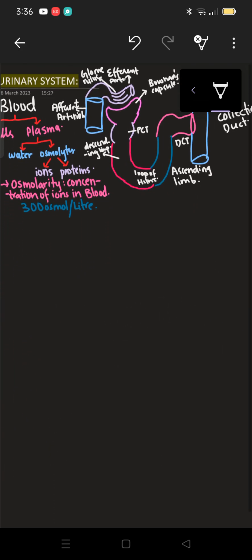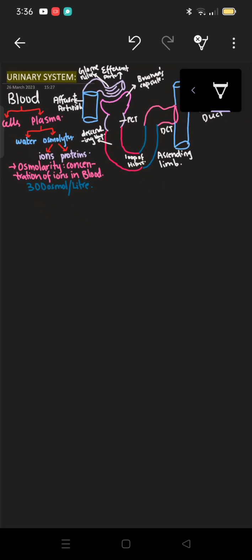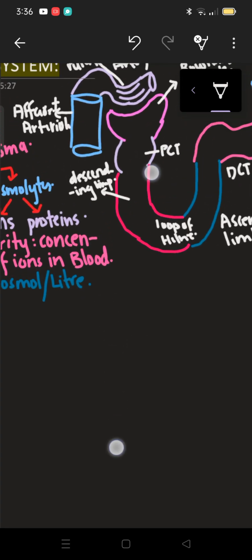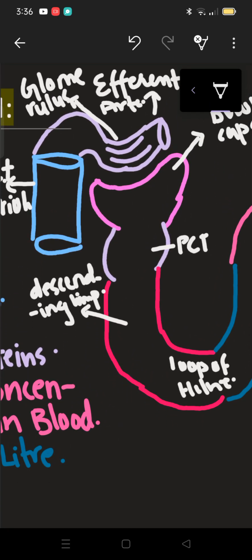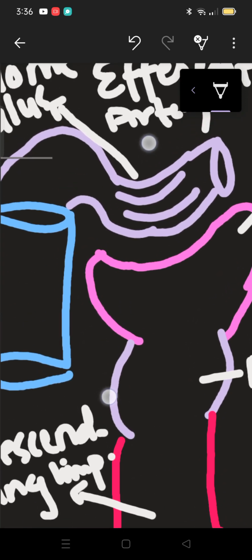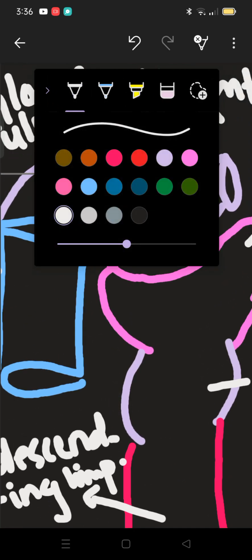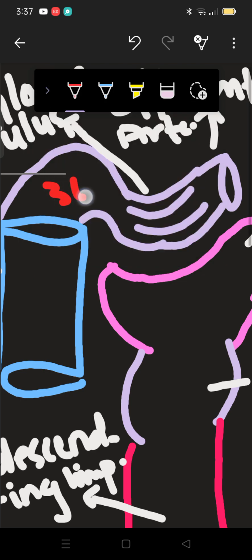So this is the structure of the nephron which I have made here again. Now what will be happening? We know that the osmolarity of blood is 300 osmol per liter. So here I should write the osmolarity, that is 300 osmol per liter.